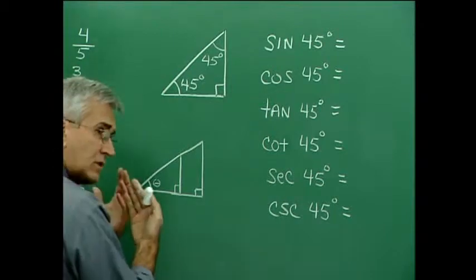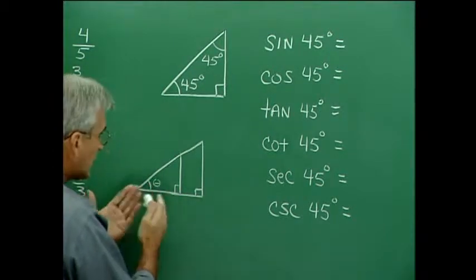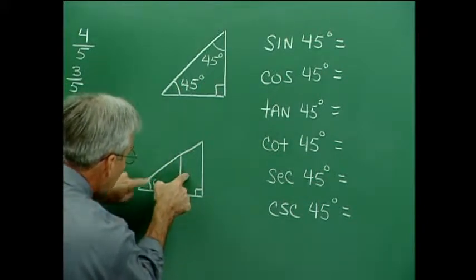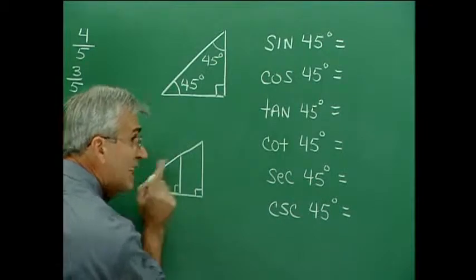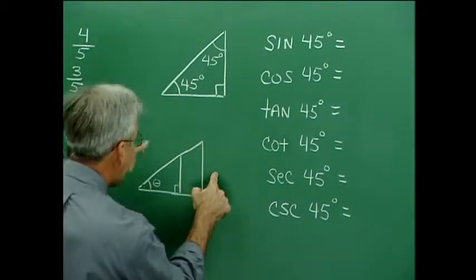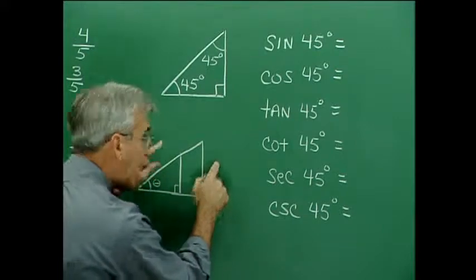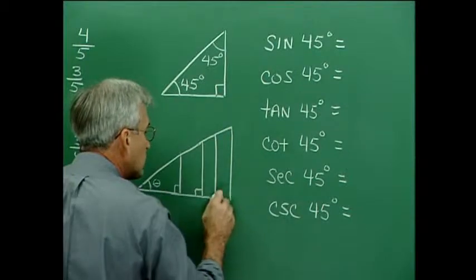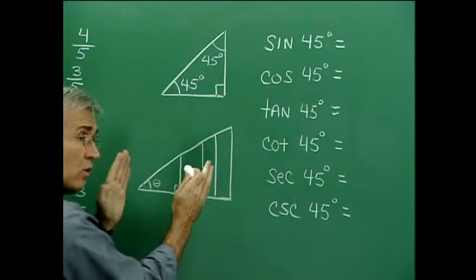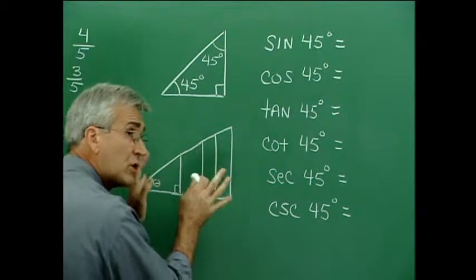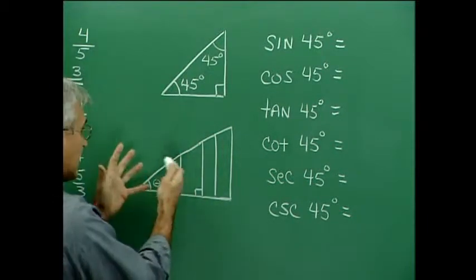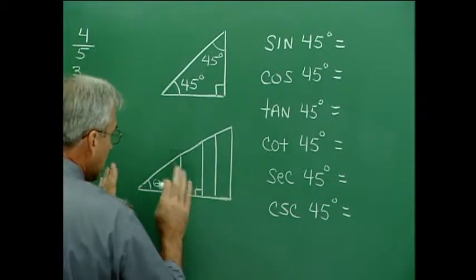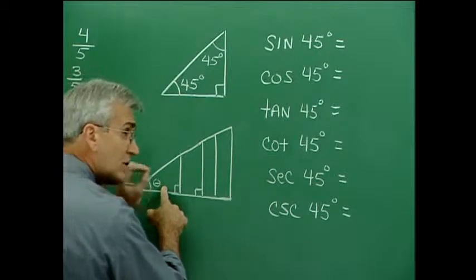So corresponding sides are proportional, and that just means that the ratio of this side over that side for the small triangle is equal to the ratio of this side over that side for the larger triangle. And we can generate larger and larger triangles all day long like this. For whatever triangle we choose, the ratio of two sides is going to be the same as the ratio of two sides in any other triangle in this group. Now if we change the angle, all bets are off here. But as long as this angle stays the same, then this situation is true.